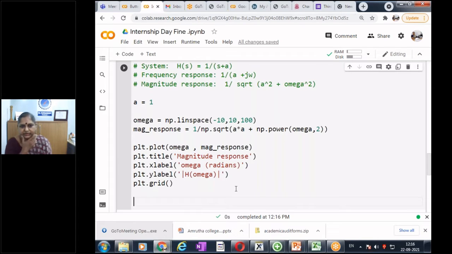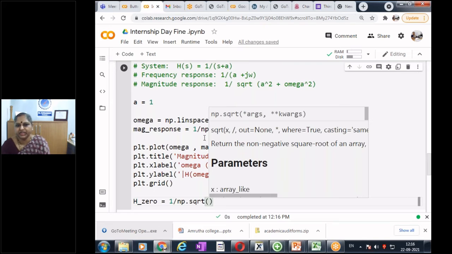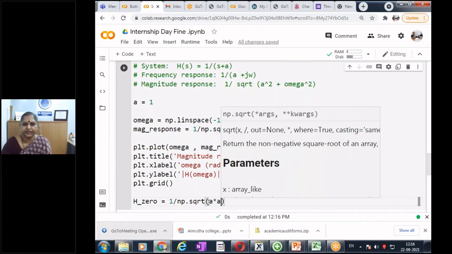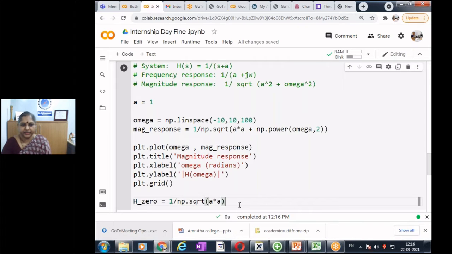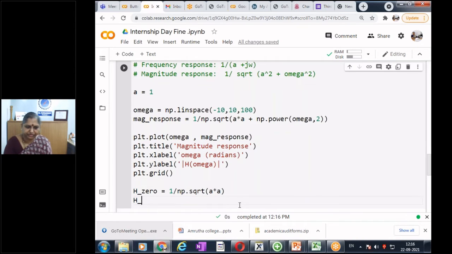Magnitude response. H of 0 equal to 1 by np.sqrt of, omega is 0, so it will be simply square root of a square, a into a.